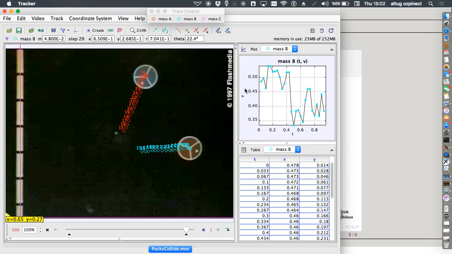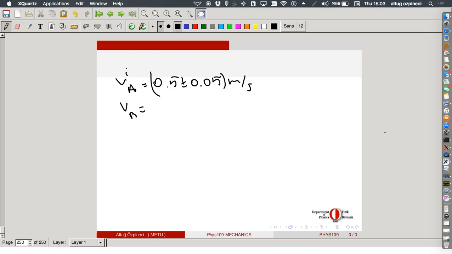This is the initial speed. The final speed of the same mass after the collision is right over here, on average 0.4, again plus minus 0.05. Let's say VA final is 0.4 plus minus 0.05 meters per second. Oh, sorry, this is for the mass P.